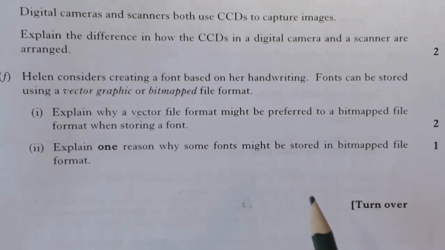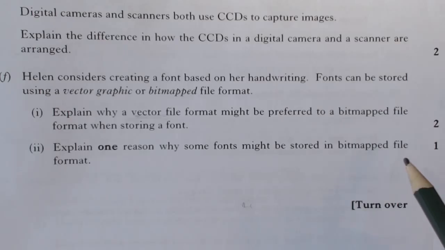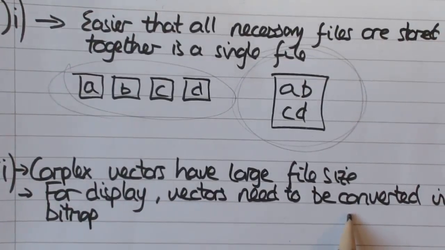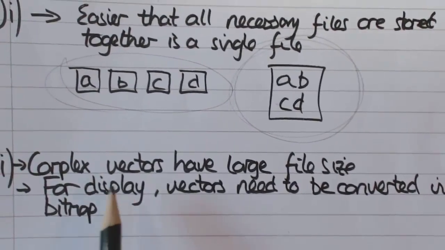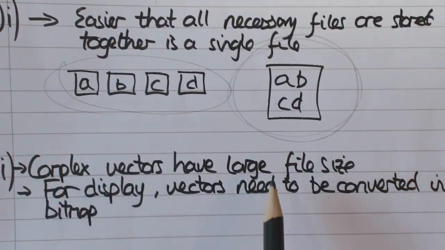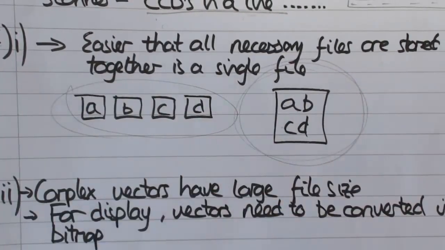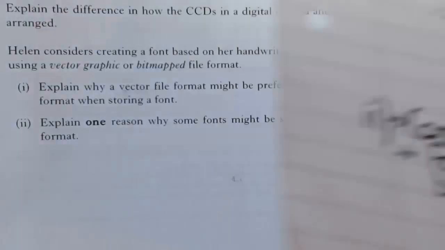Essentially any vector graphic, for it to be displayed on the screen, is turned into bitmap. So for display, vectors need to be converted into bitmap, and complex vectors have large file sizes. That's the end of that question, so that's 32 done.